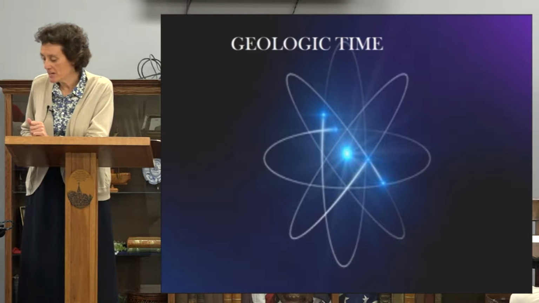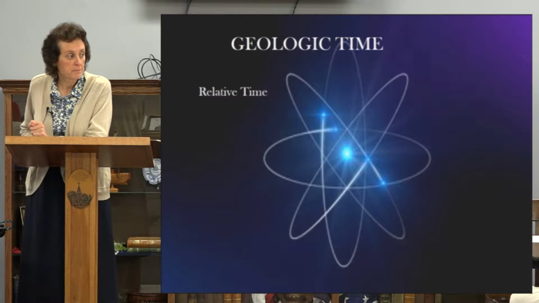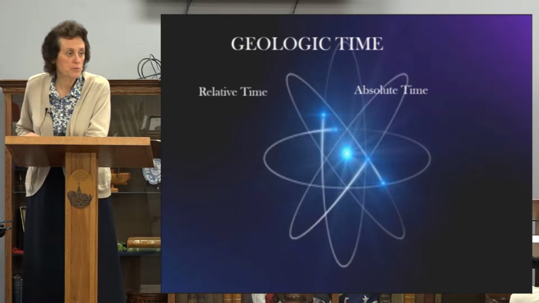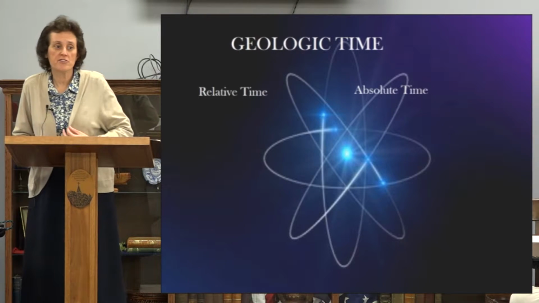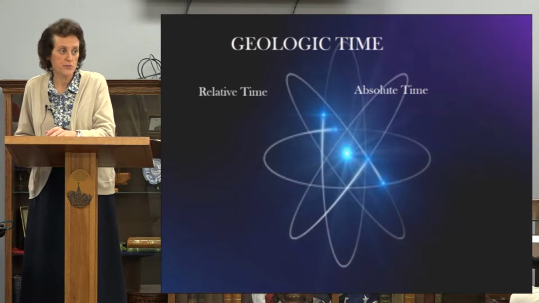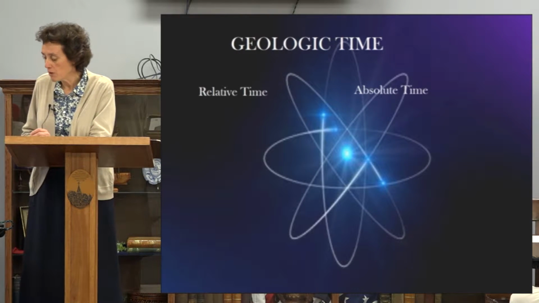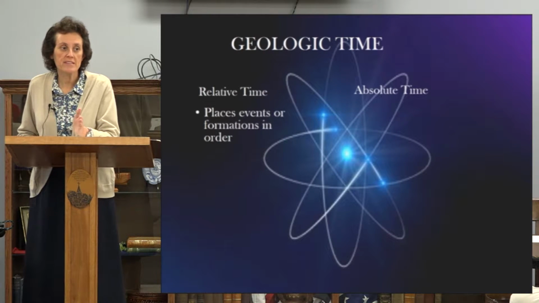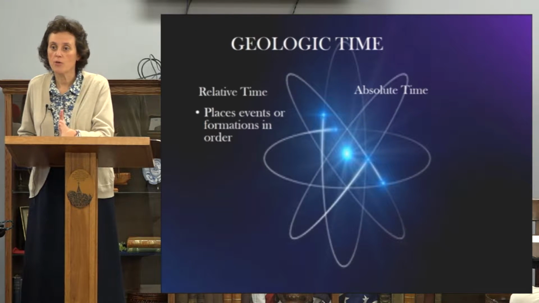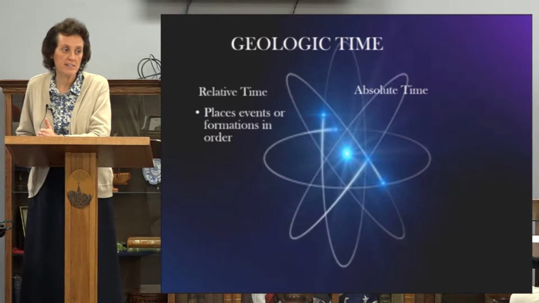Okay, so geologic time. Remember, geologic time has been established using relative time and absolute time. You must know the difference between relative time and absolute time. In secular geology, these are the two kinds of time. Relative time, remember what is relative? It's placing events in order of oldest to youngest. It's relative. It doesn't give a number.